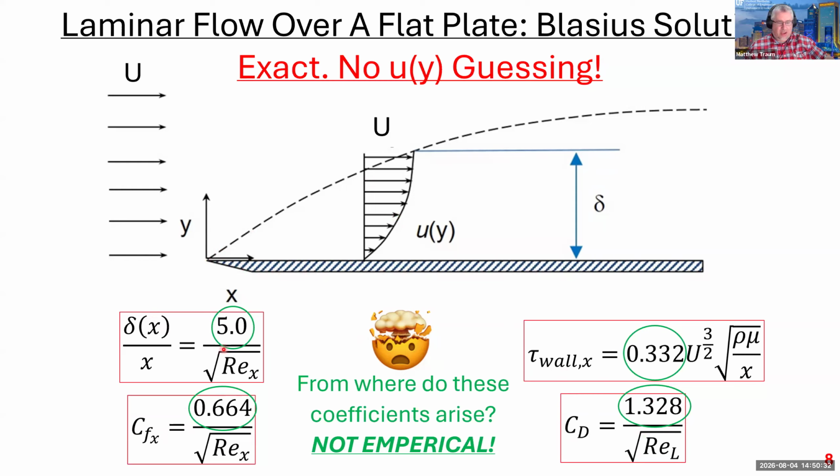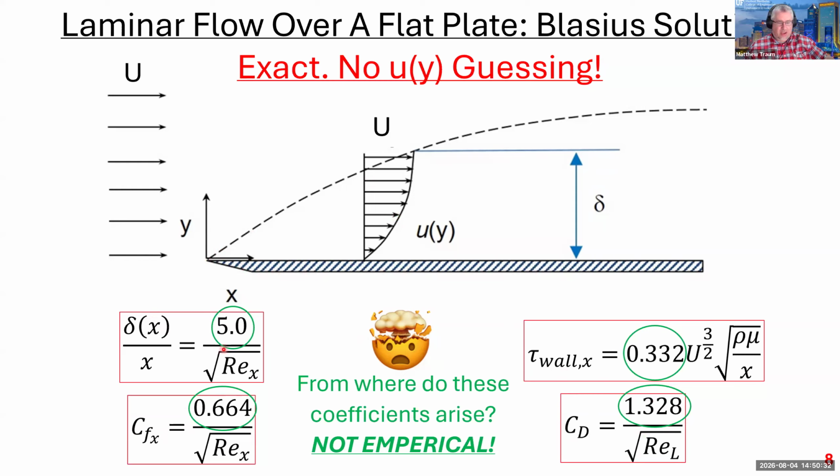I've got my little exploding head man here, and the reason that's there is because if you've been an engineer for long enough, you look at numbers like 0.664 or 1.328, and you say to yourself, that's empirical, right? Somebody ran an experiment to come up with that weird random number. It must be experimental.